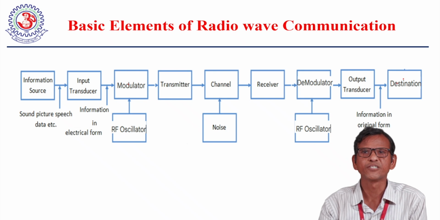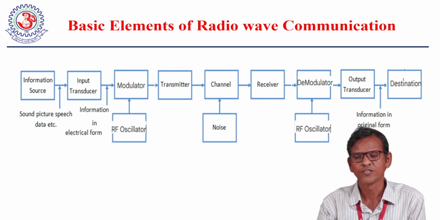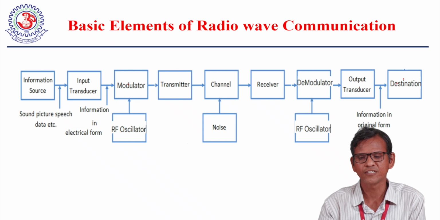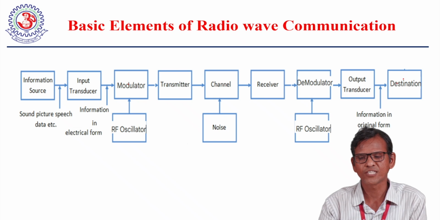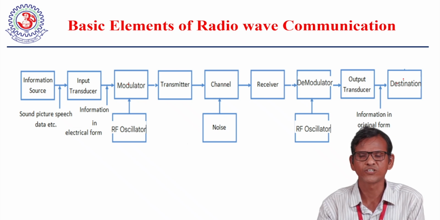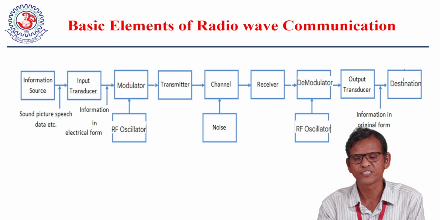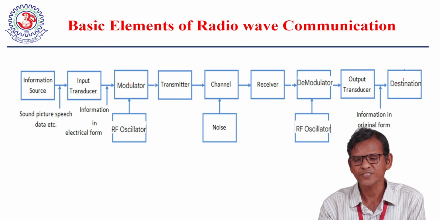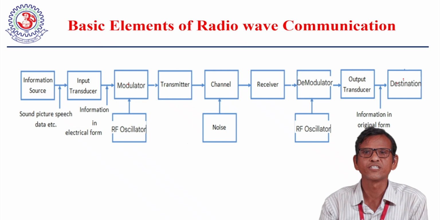The basic elements of radio wave communication start with the information source. After that, the input transducer converts sound, picture, speech, data, whatever we are giving, into electrical signals. So after the input transducer, information is in electrical form. After that, it goes to the modulator, where an RF oscillator is also there.